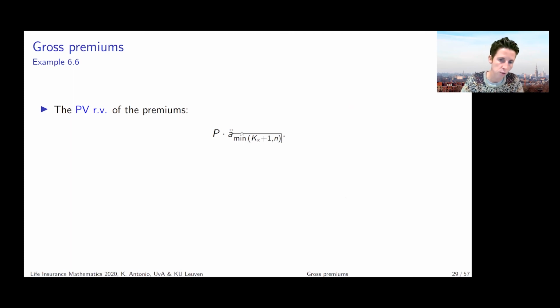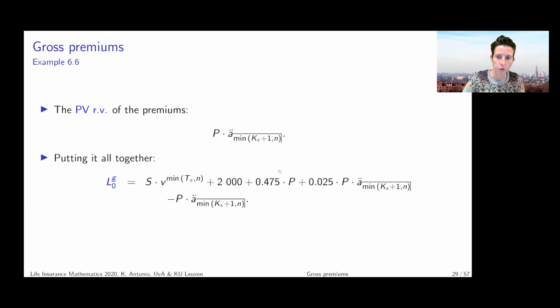So I should value them using what I know about a life annuity due with a term equal to N years. I put the whole thing together, yeah, and that gives me then the loss random variable, taking into account the benefits, the expenses, and then the premiums, yeah.